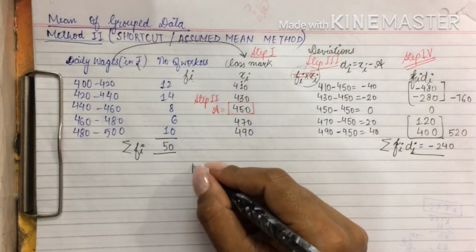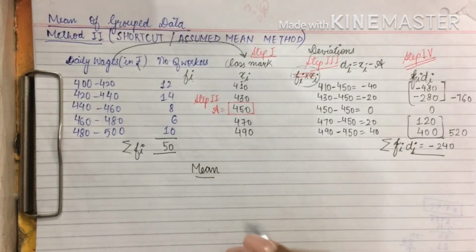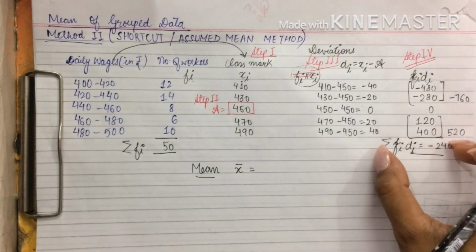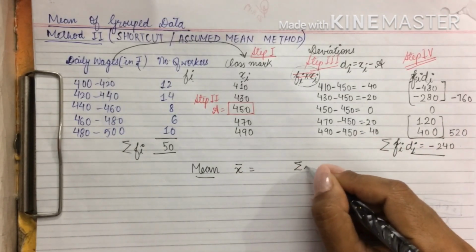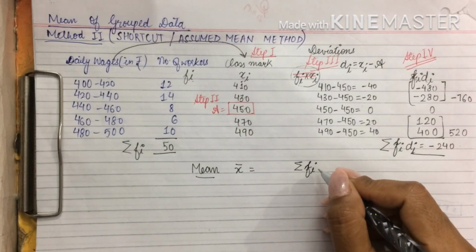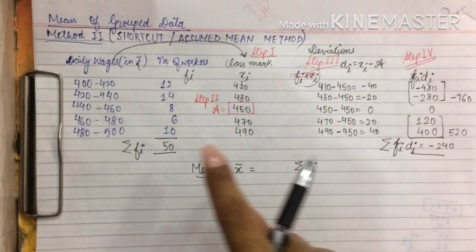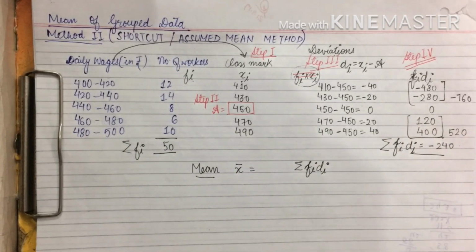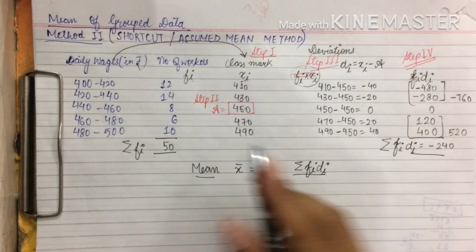Now I apply the formula to find the mean. The formula is a little different than the direct method. Instead of the product of frequency with observation, fi xi, I now have the product of the frequency with the deviation. I'll be using the total of these products divided by the number of observations.